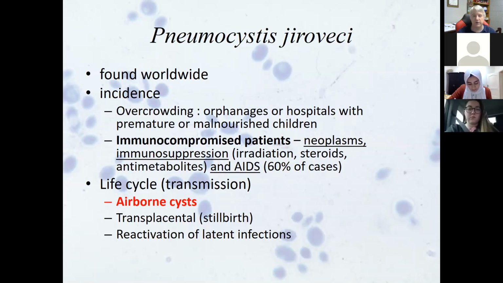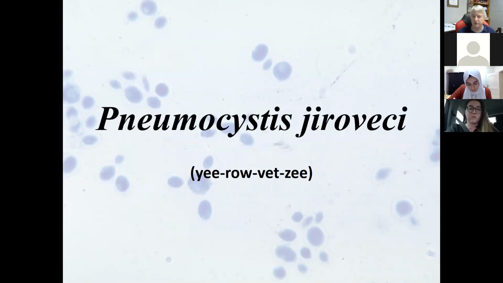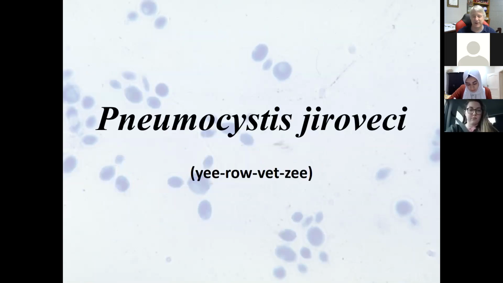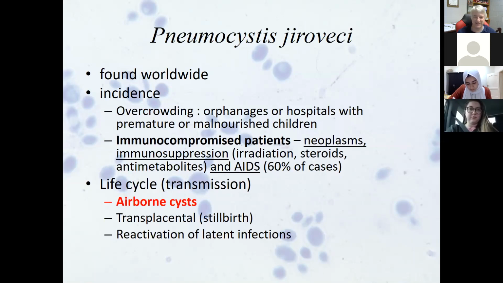Jirovecii. Life cycle, transmission: airborne cyst. That's one, and that would be how our AIDS patient would inhale it. Transplacental, if it's there, it's stillbirth, if the mother gave it to the baby. And reactivation of latent infection.